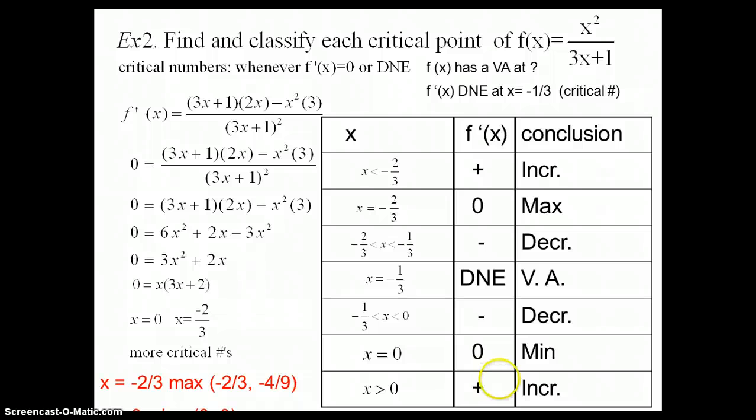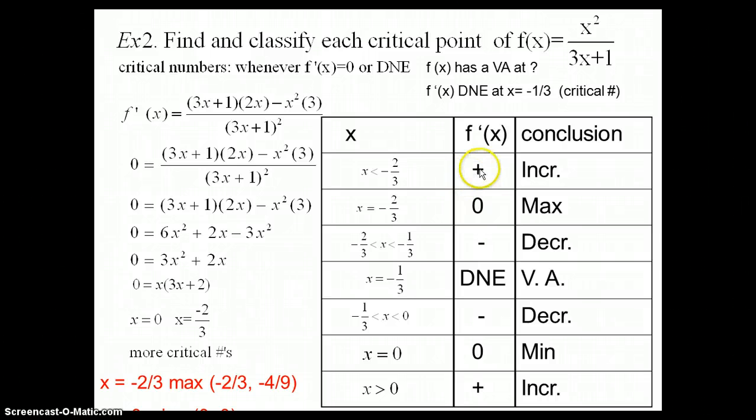So, using our first theorem that we talked about, we can classify our intervals. Our intervals are increasing wherever it's positive, so it's increasing here and here, and then decreasing here and here. And then now we can use our first derivative test to classify our critical points.